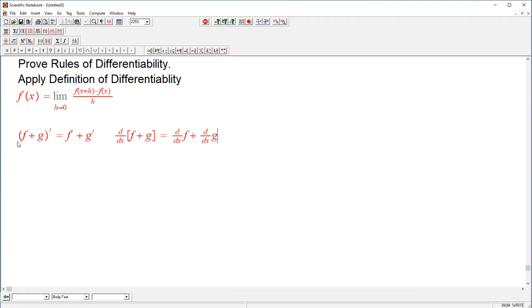These two notations. The first one doesn't indicate by default, so we know it's differentiating with respect to x, right? You see f of x plus h minus f of x divided by h. The second form indicates which variable is being differentiated with respect to.